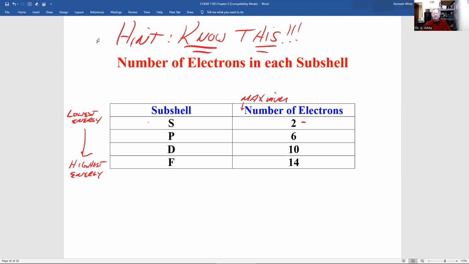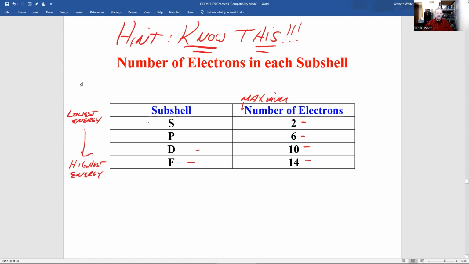I should have put this in here. P, maximum number of electrons, 6. D, maximum number of electrons, 10. And F, maximum number of electrons, 14.